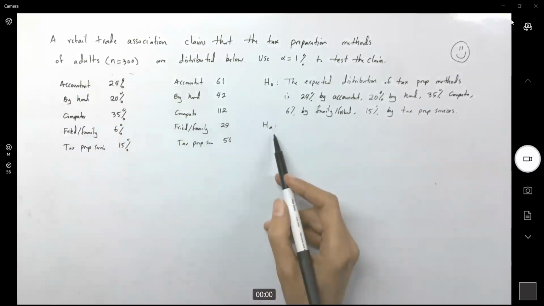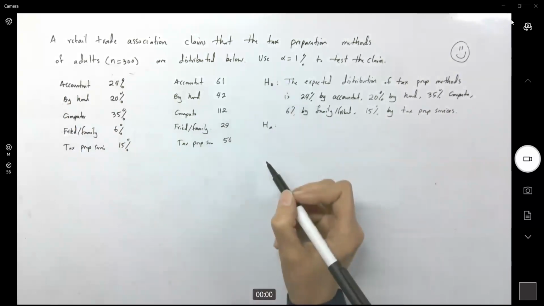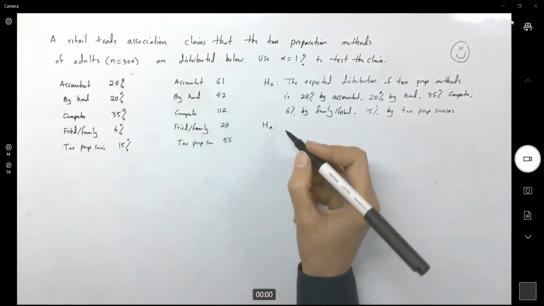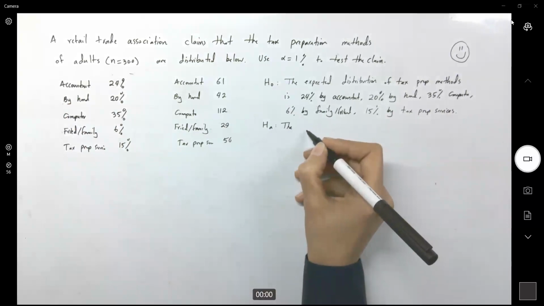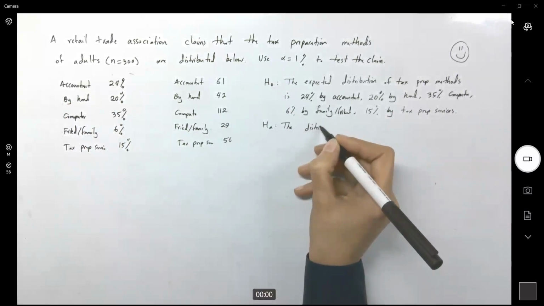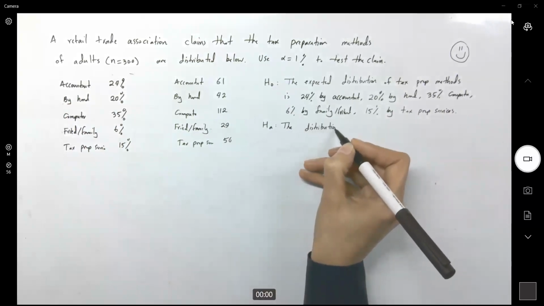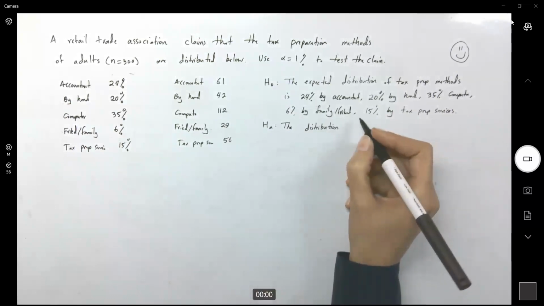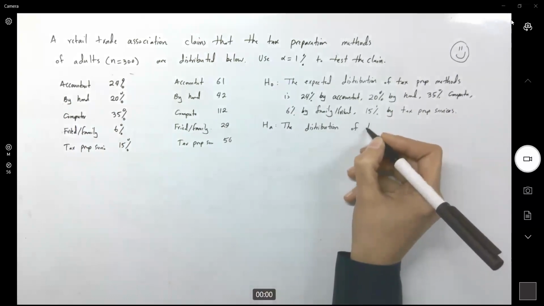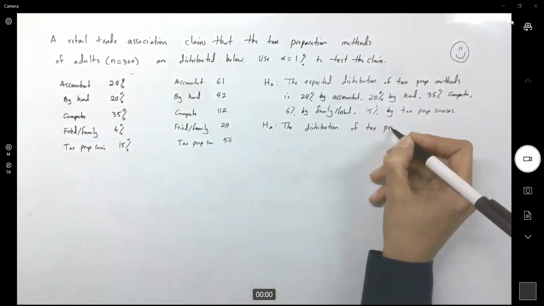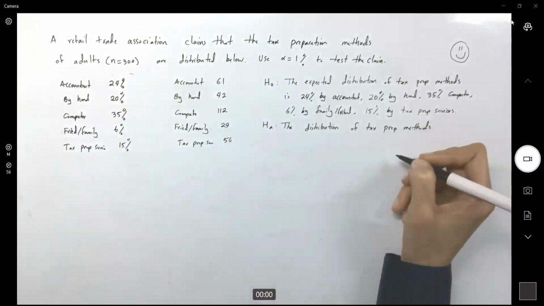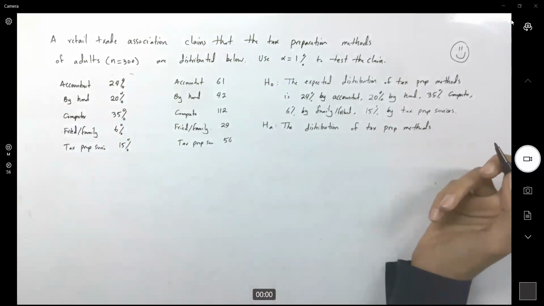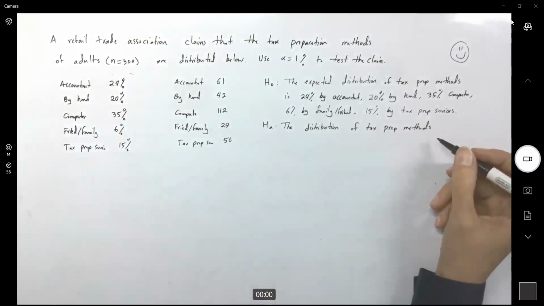And your alternative hypothesis, which is the complement, says that the distribution of tax prep methods is going to be different. So it differs from the expected distribution.